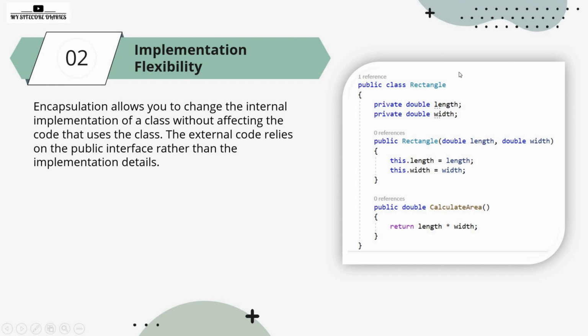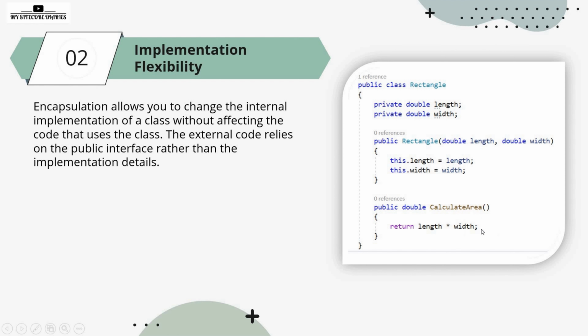Now this is my class Rectangle. We have two field variables, length and width, and then we have the constructor where we are passing the length and width, and it is getting assigned to the length and width. And then we have a public CalculateArea method where the area is getting calculated.